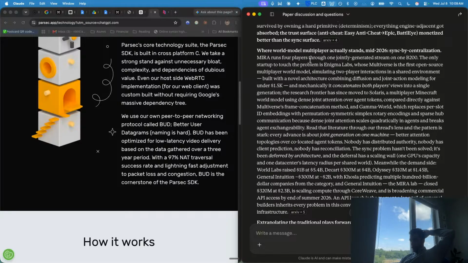First it's saying that there is no synchronization for world model multiplayer games. The only synchronization is sync by centralization, which isn't synchronization at all. It shouldn't say sync by centralization. That's not syncing anything.